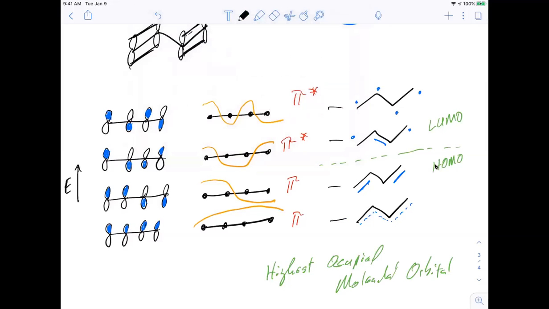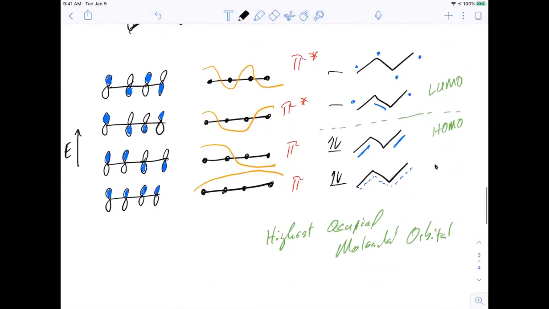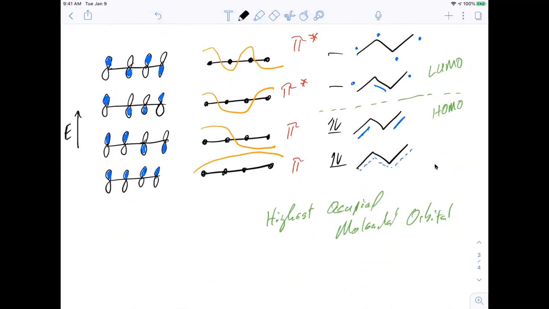We have one electron for each p orbital, so we have 4. Those would be our pi electrons. So our highest occupied molecular orbital is this one. This would not be the highest occupied molecular orbital.